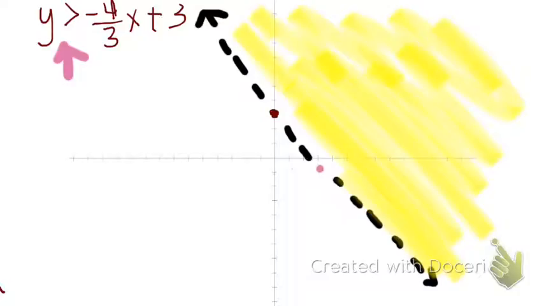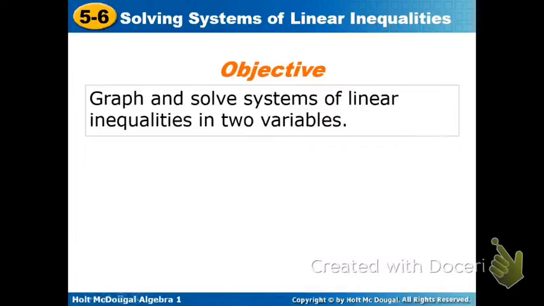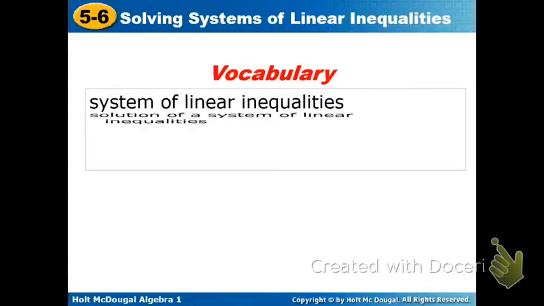Alrighty, so hopefully by now you guys are getting a hang of how to graph the inequalities, because today we're going to step it up and do systems of inequalities, which means we're going to be graphing 2 lines at a time. So let's go ahead and get busy with this section. Graph and solve systems of linear inequalities in two variables. So that's just what I was telling you. That's our objective for the day.